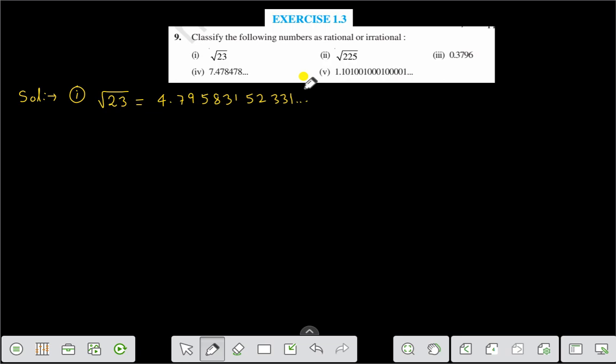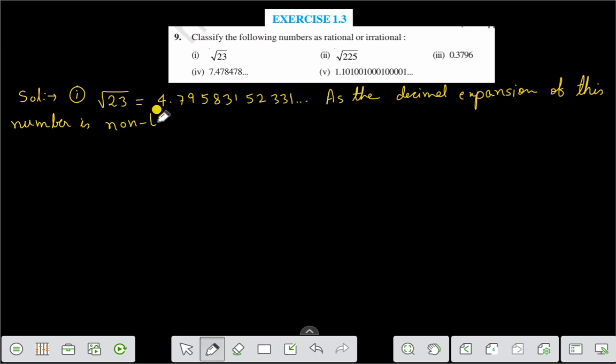Here you see, the decimal expansion of this number is non-terminating, non-recurring.